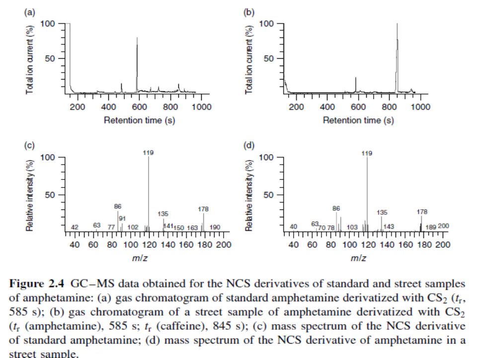In this spectrum, we can see the amphetamine can be identified based on its retention time. The extra peak in B is due to caffeine, which is added as an adulterant in the street sample. Similarly, from the mass spectra, the amphetamine can be identified by the principal peak, which is obtained at 119 m/z ratio.